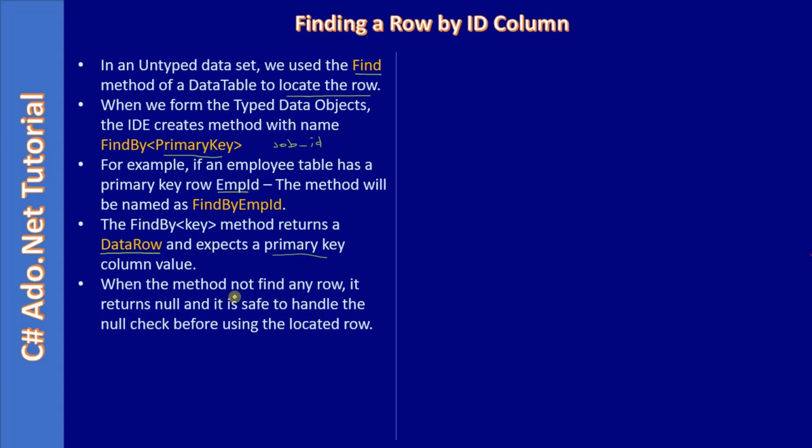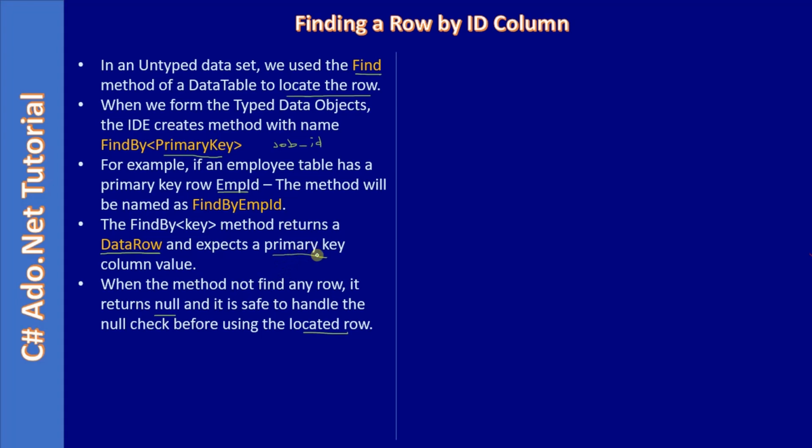When the method does not find any row, it returns null. And it is safe to handle the null check before using the located row, right? It returns a data row, the FindBy method. So before using the row, you need to check whether it is null or not.